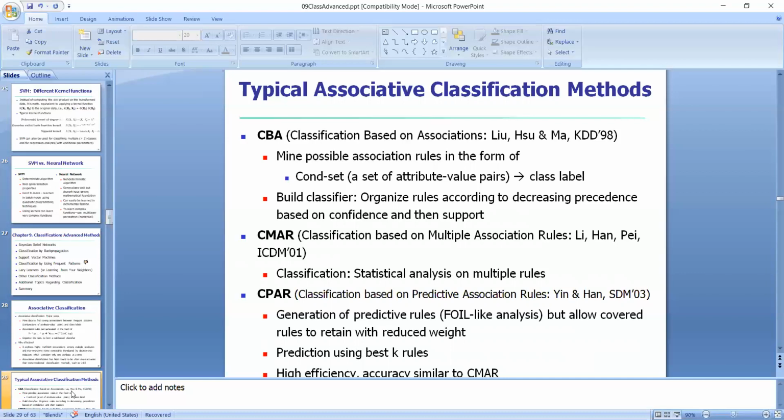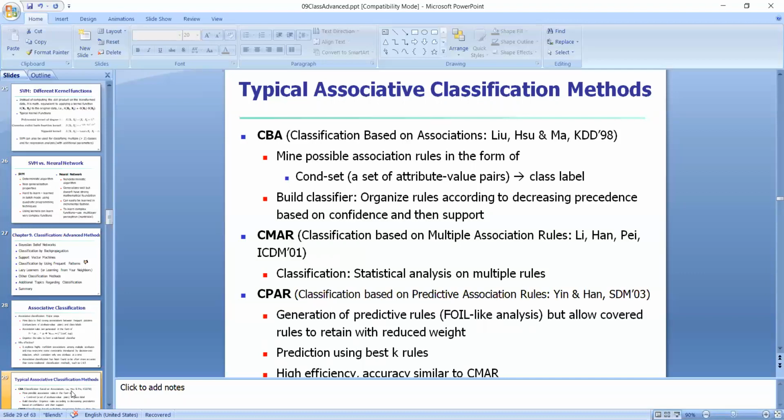You know how the Apriori algorithm works, so almost a similar method is used by CBA. Like Apriori, to construct a frequent item set, we need to do multiple passes, right? So in CBA also, multiple passes need to be made.